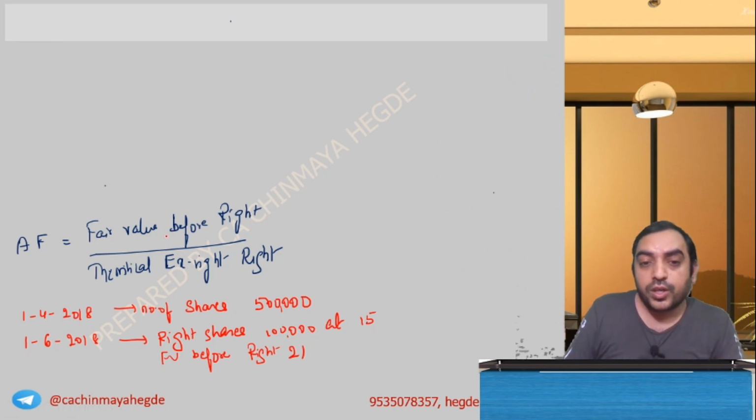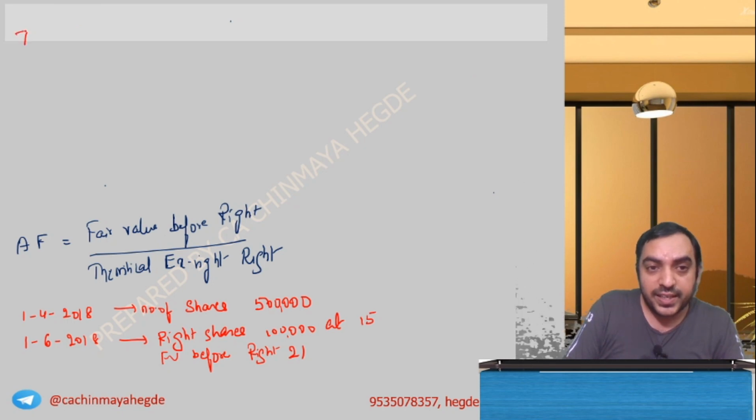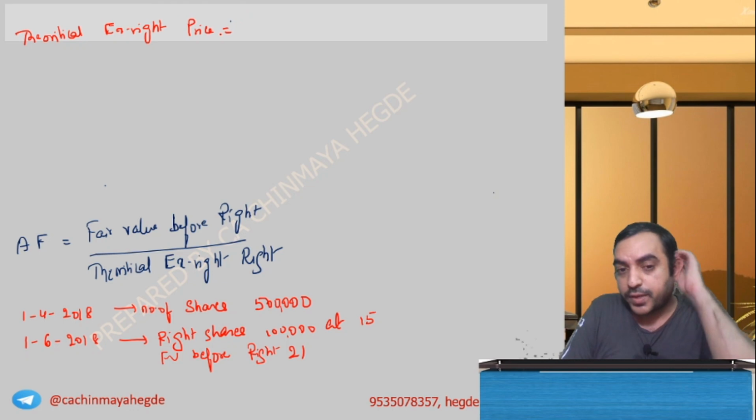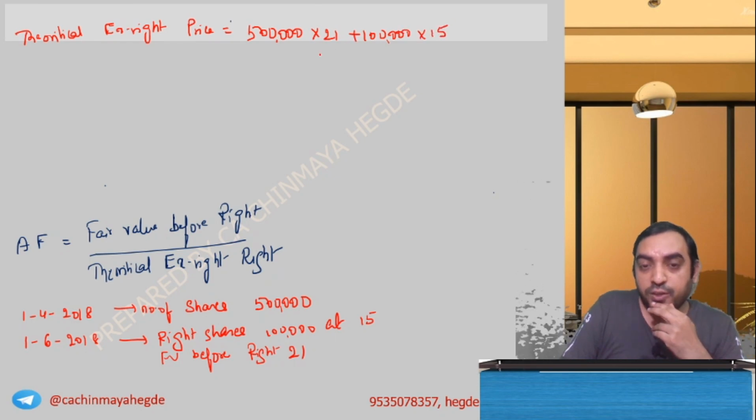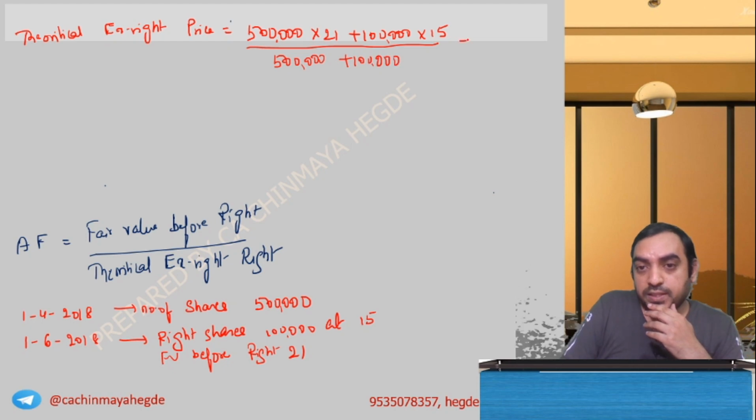So what is going to be theoretical ex-right price here? We had 5 lakh shares, fair value was 21. We issued 1 lakh shares at 15 rupees. So total net worth is the numerator, divided by the denominator, total number of shares, 5 lakh shares plus 1 lakh, total 6 lakh shares. Please compute this.